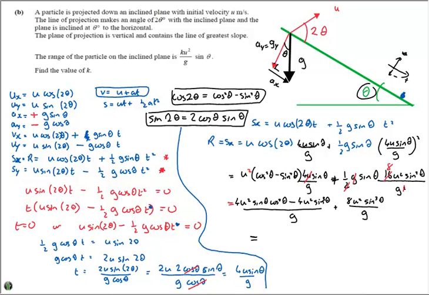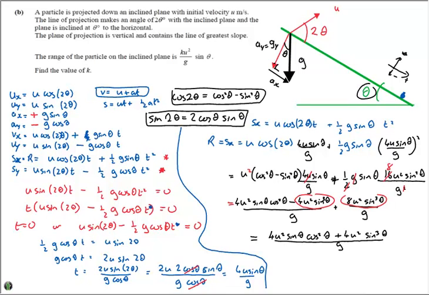So we can add these two because of the same common denominator, and we notice we've got minus 4u squared sine cubed and a plus 8u squared sine cubed, so that will make plus 4u squared sine cubed. So we'll just do this here. We've got 4u squared sine theta cos squared theta, so I'm just going to circle this bit here, we'll add to that bit there, the same common denominator, and you're just left with plus 4u squared sine cubed theta, and this is all over g.